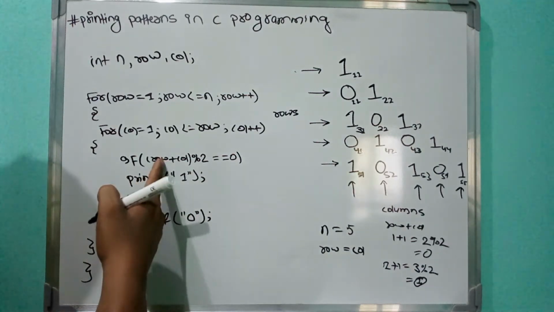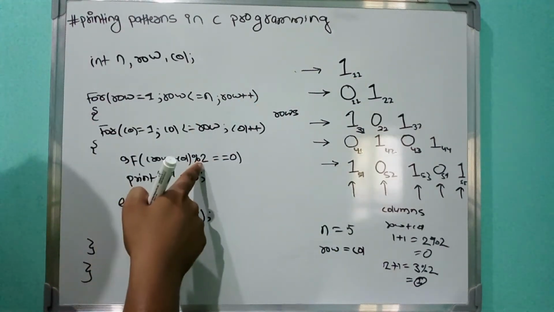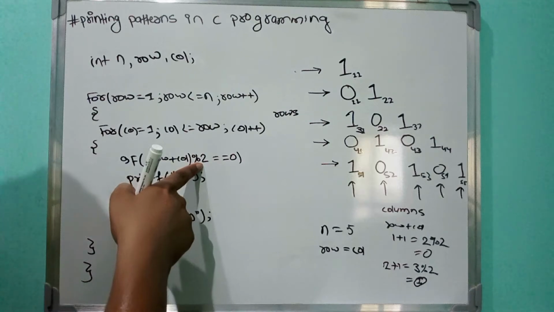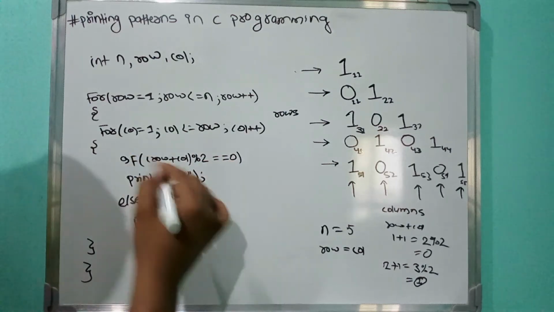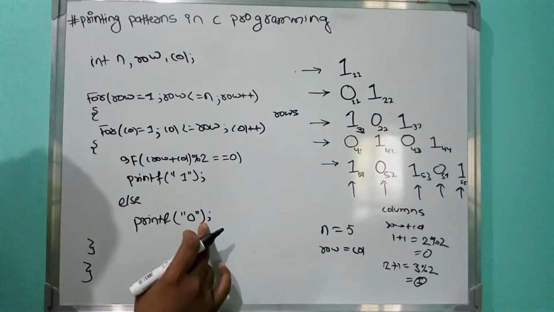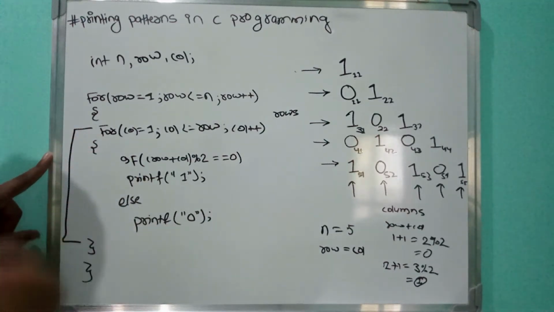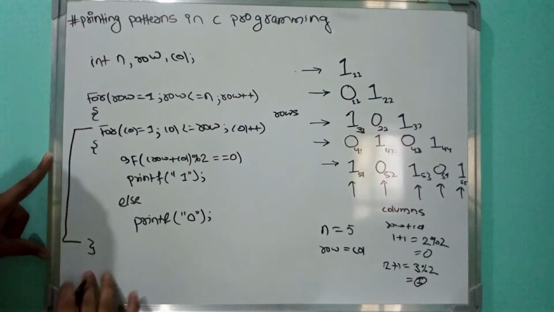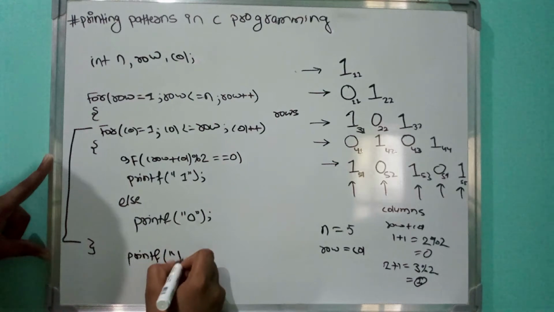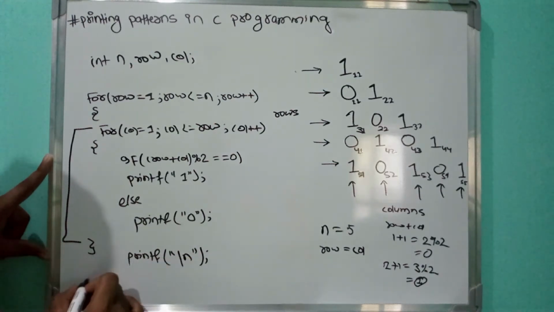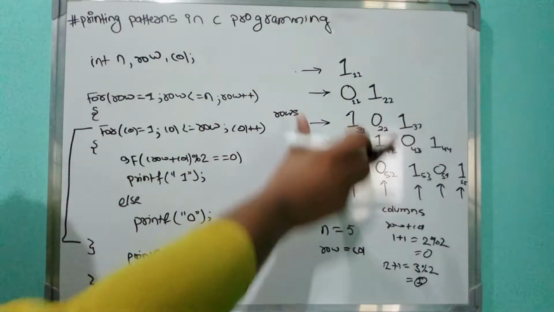When row plus column, we add the position values, use the remainder operator to divide by 2 and take the remainder, and check if the remainder is equal to 0, then we print 1, otherwise we print 0. And after printing each column from here to here, we will change the line. So after this column loop, we will change the line using an escape sequence, and here is the loop end. So this is the whole code for this pattern.